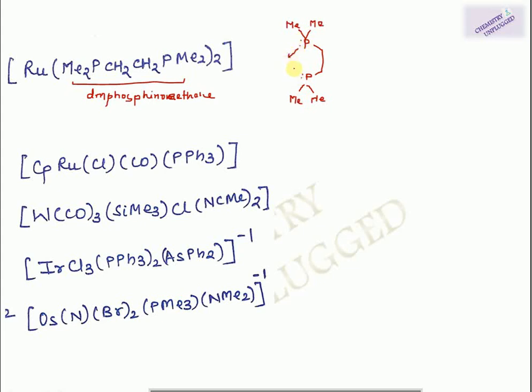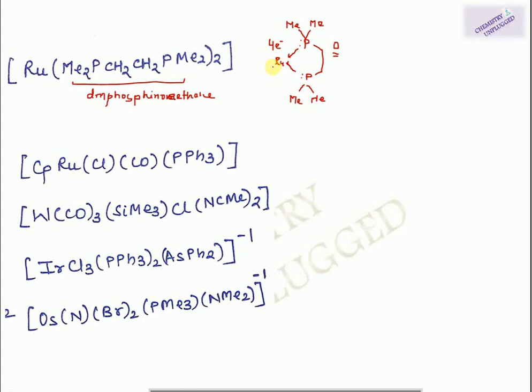So the total contribution towards the metal, that is ruthenium, by one ligand is 4 electrons. And if you try to find out its formal charge, it is 0 because it is a neutral ligand. So the formal charge is 0, but the electron contribution is 4. So here we have 2 such ligands, so the electron contribution will be 8.